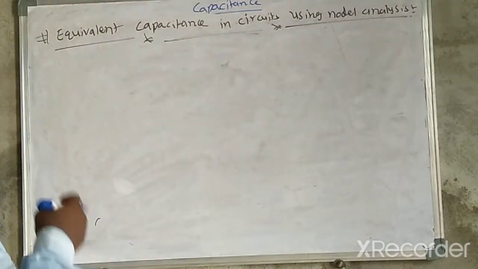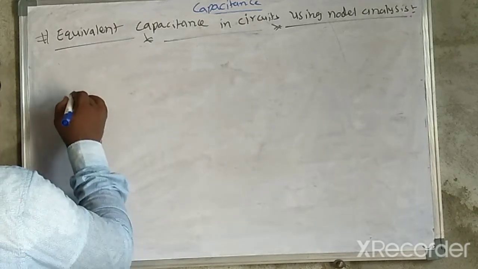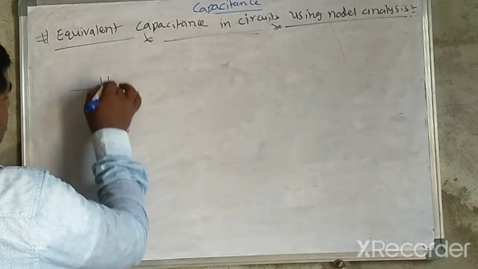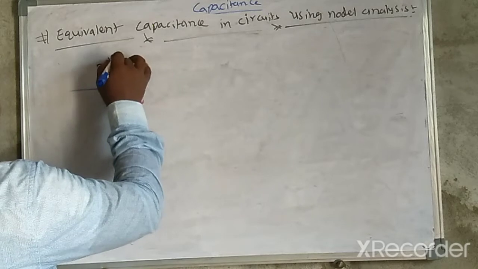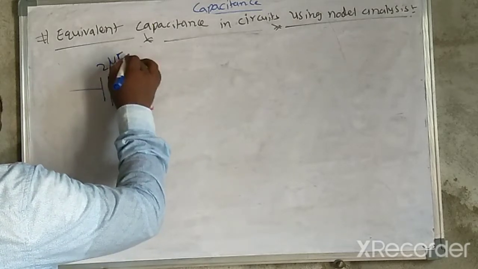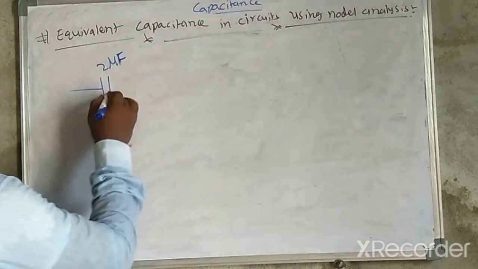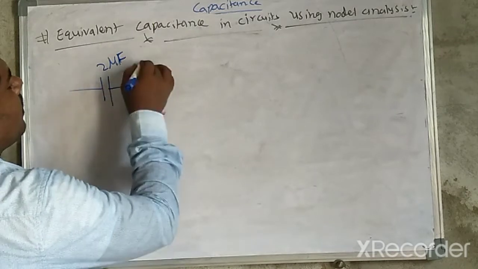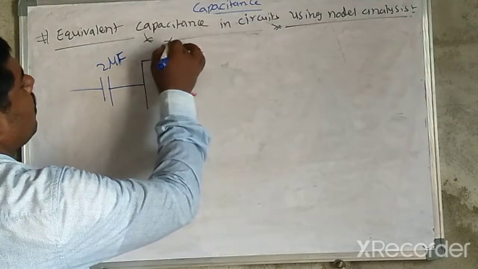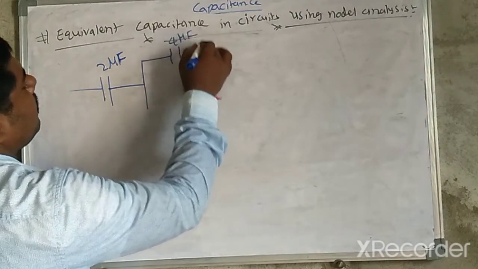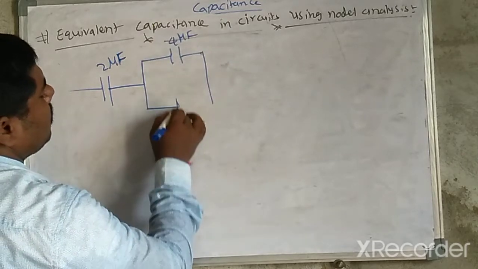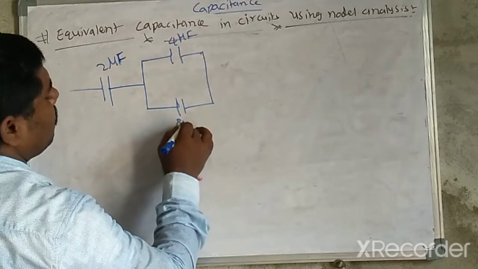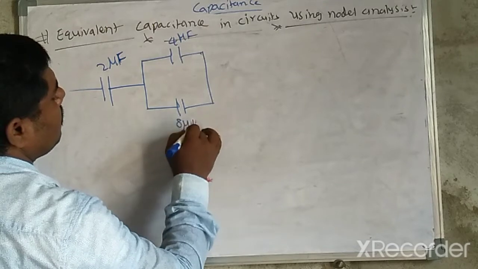So here I am going to take three capacitors. One is the 2 microfarad capacitor, and here connecting one more capacitor, here 4 microfarad. So here one more capacitor, 8 microfarad.